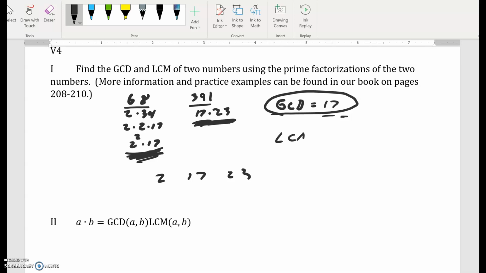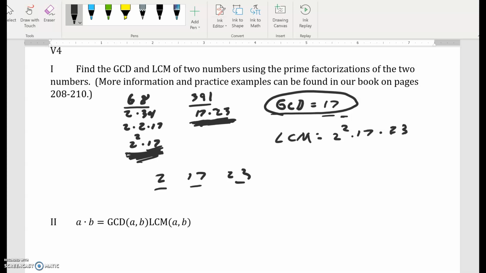The least common multiple can be found in a very similar way. You're still looking at these primes, but you're finding the place where each occurs the most often. So with 2's, it's here, it's 2 squared. And with 17's, it's still a tie, so you use one of them, not both of them. And for 23's, it's here.